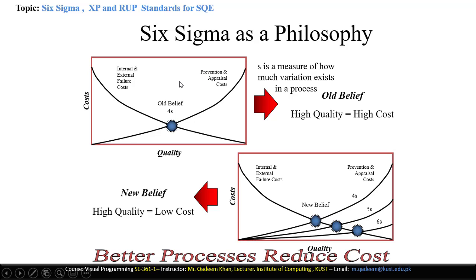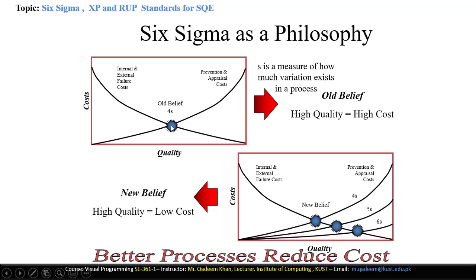Here you can see that the old belief says that S is the measurement of how much variation exists in the process. So if we need high quality, we will also incur high cost. If we need low quality, a high quality cost will again arise, but sometimes they intercept each other.